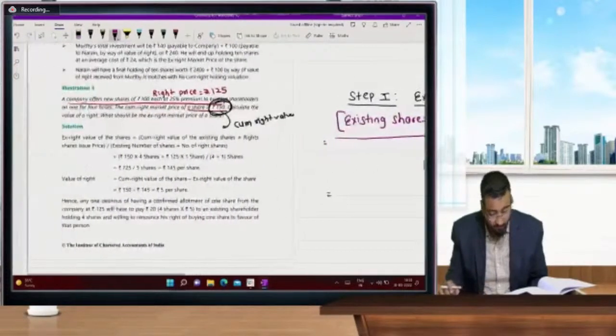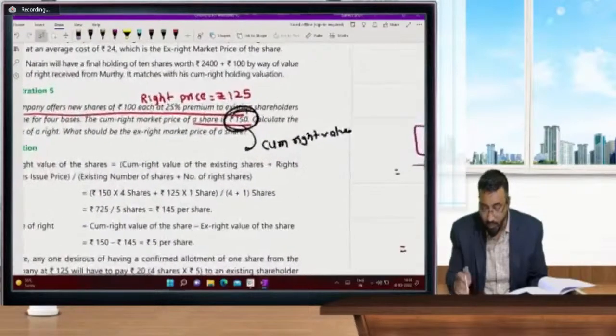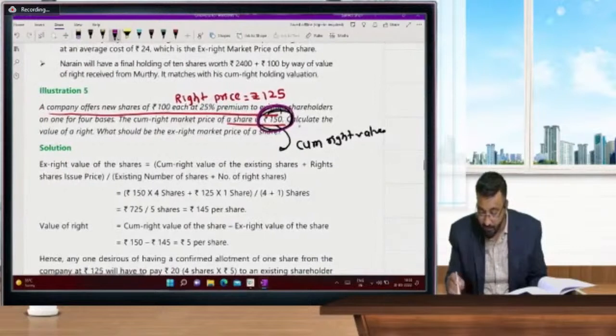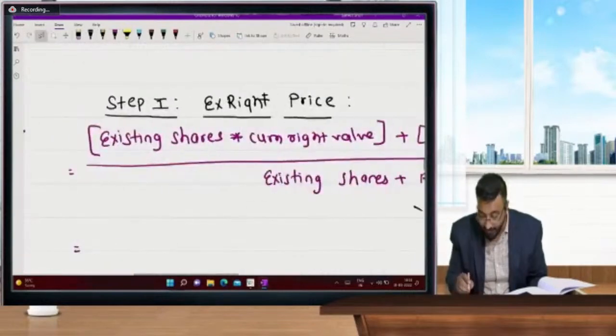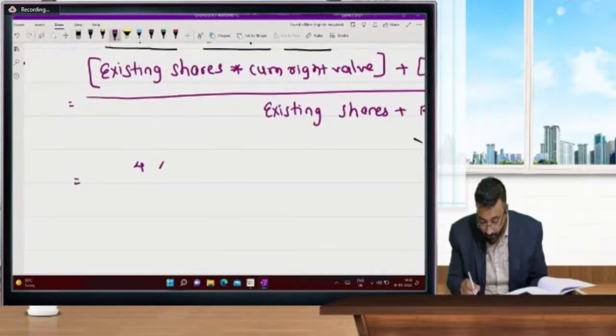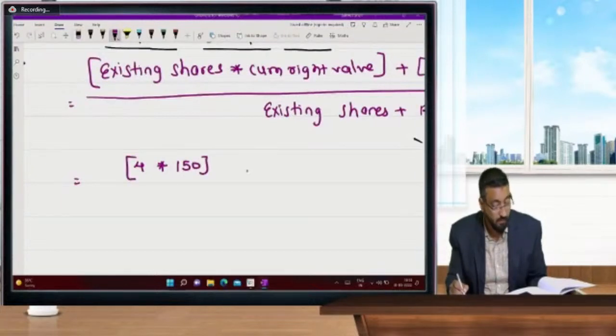Tell me, what is the number of existing shares? For 4 shares, you are issuing 1 share. So your existing shares are 4. And for them, the market price is 150 before right.